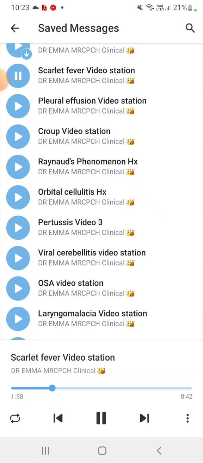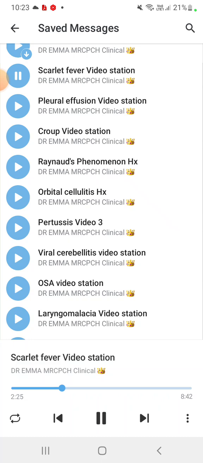What history would we like to ask? So I would like to take a complete history of onset, course, and duration of the symptoms, especially if there's associated fever, and any systemic infection or CNS symptoms like lethargy, fatigue, and any signs of raised intracranial pressure, vomiting, early morning vomiting.